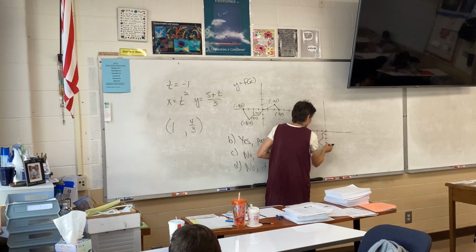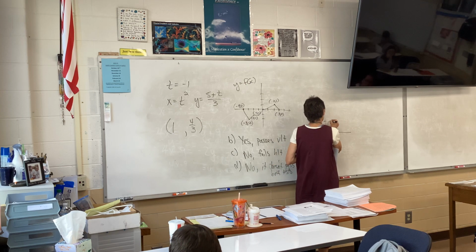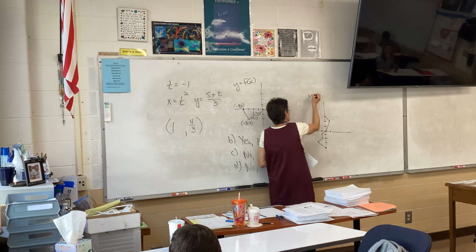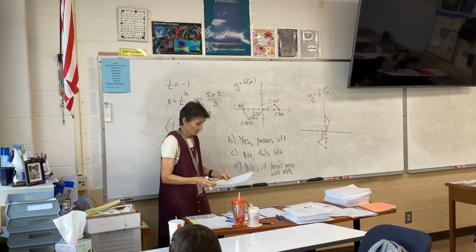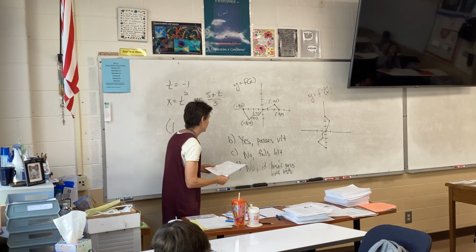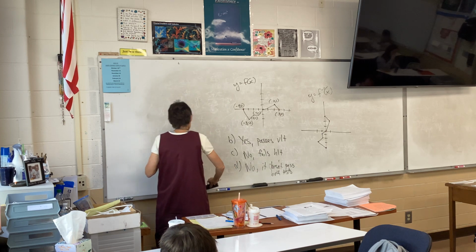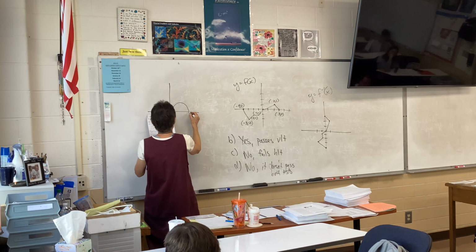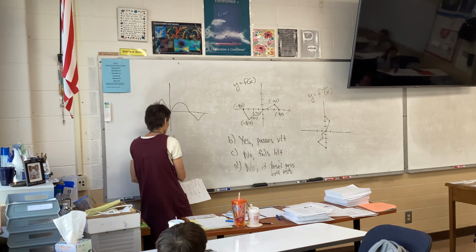So there's that part of it graphed. (1, 2), and (0, 3). There is the inverse. That's a graph of the inverse. How do you graph an inverse? You flip-flop the ordered pairs.